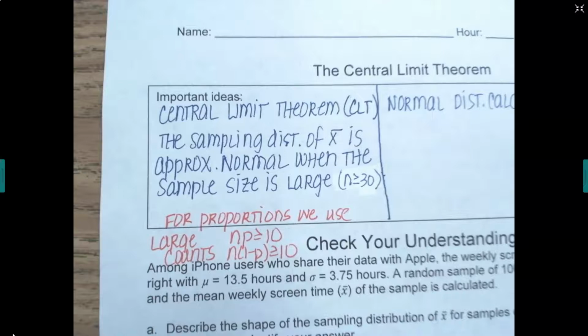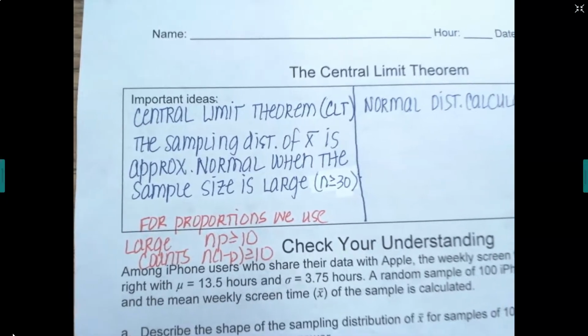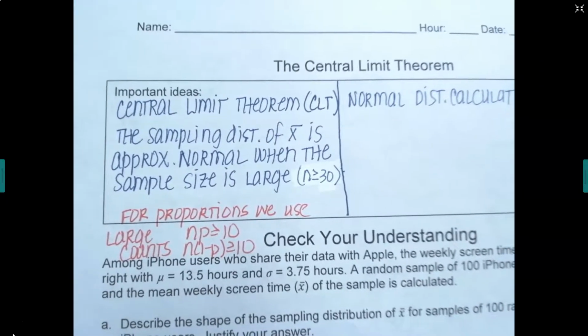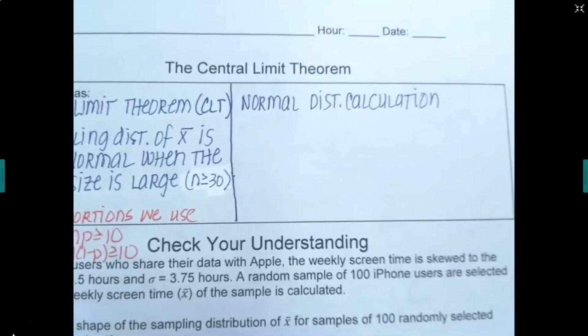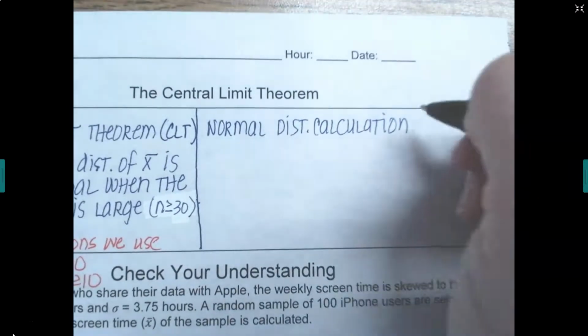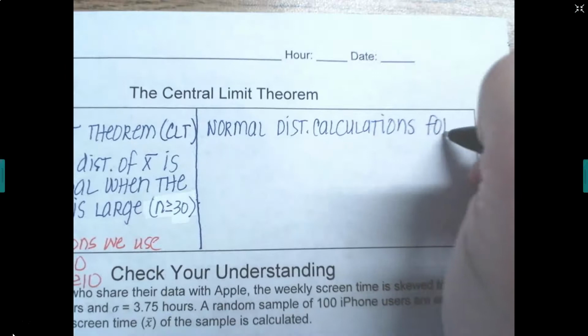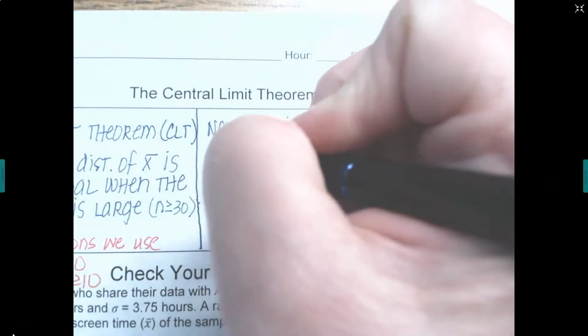Okay? All right, the other one is your normal calculations. I keep repeating this because it's pretty important. It's a big basis of what we'll be doing. So our normal calculations for the sampling distribution of x bar.